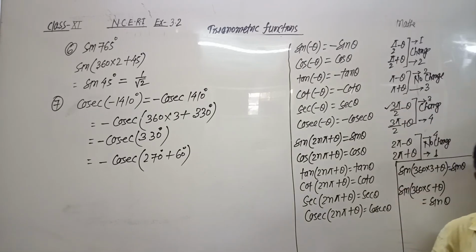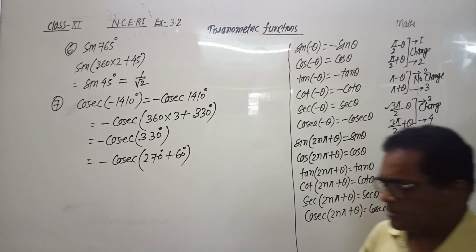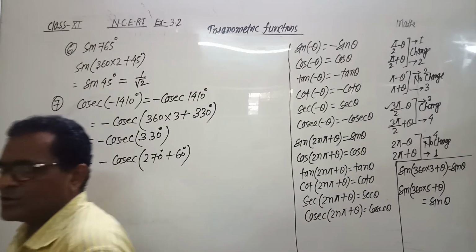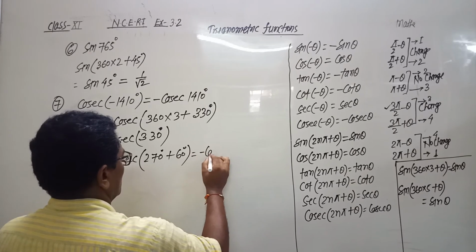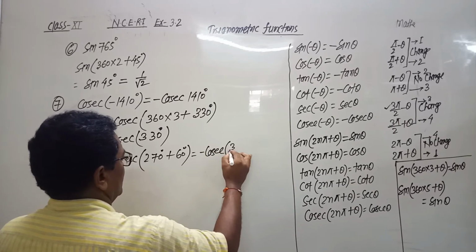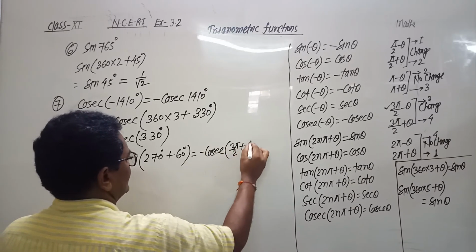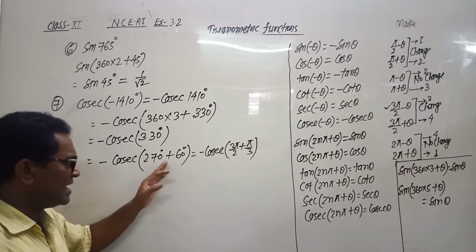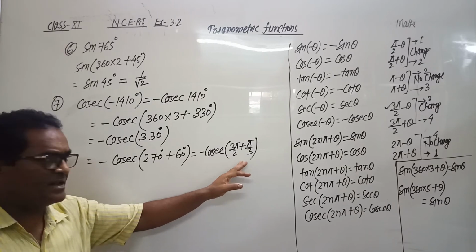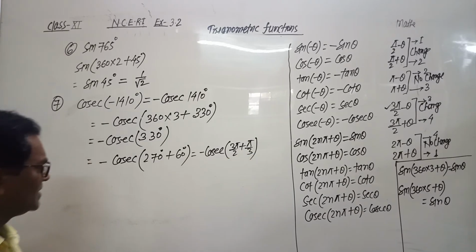So it can be written as minus of cosec(3 pi by 2 plus pi by 3), in terms of radian.